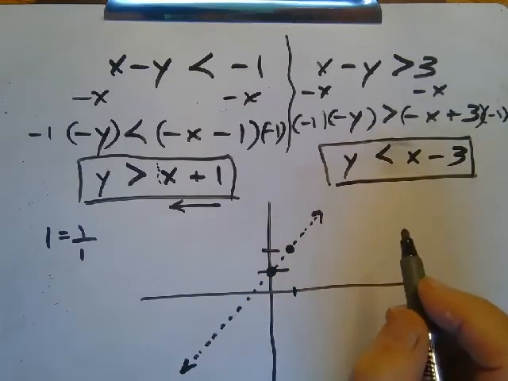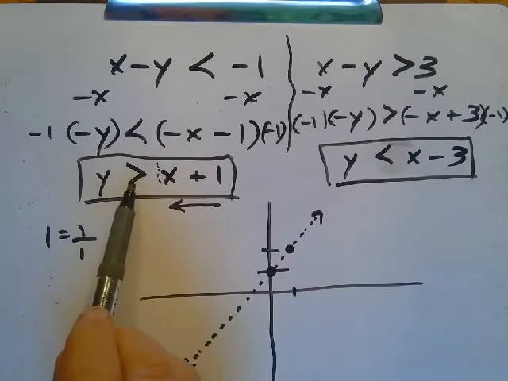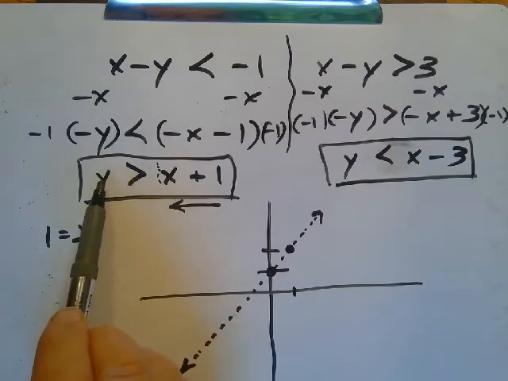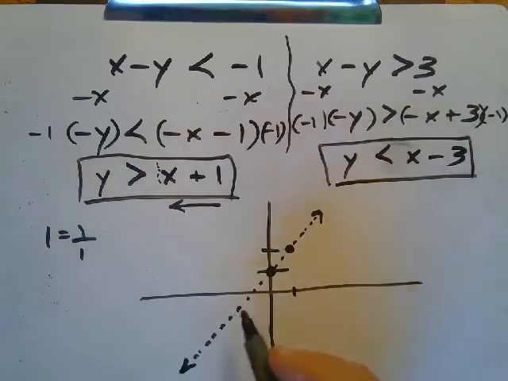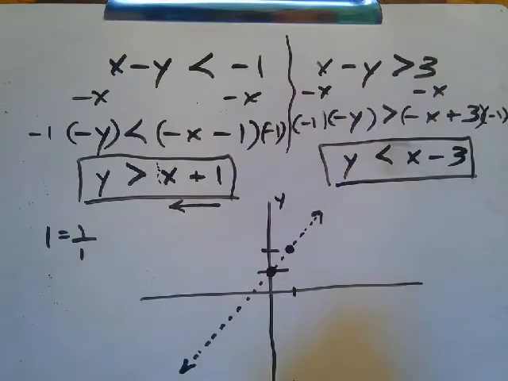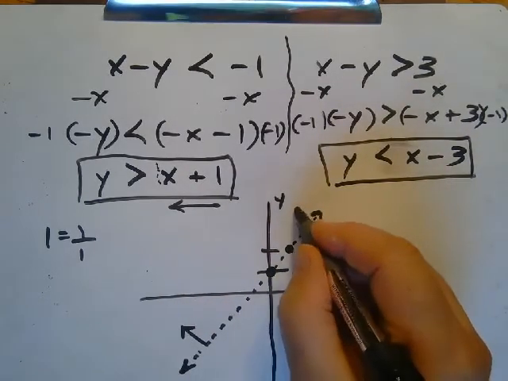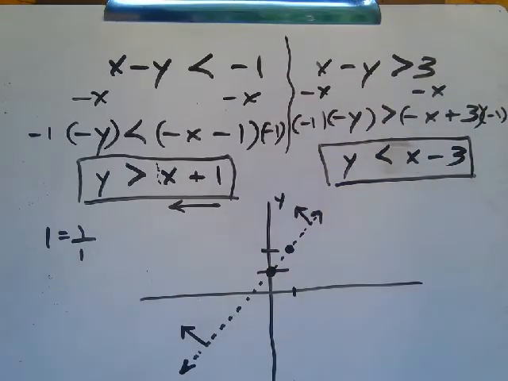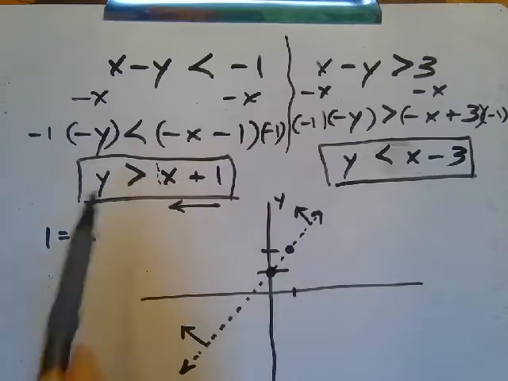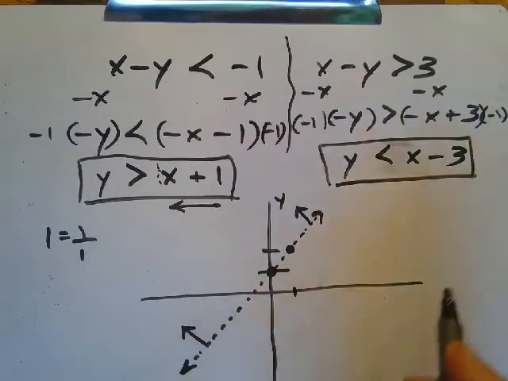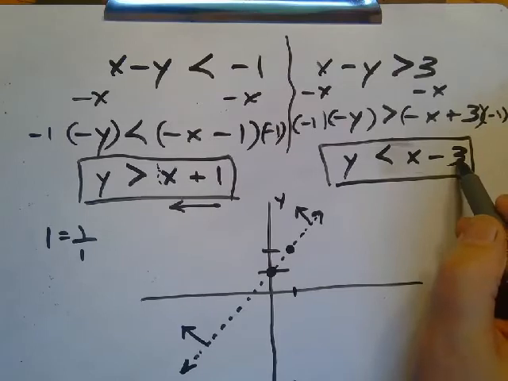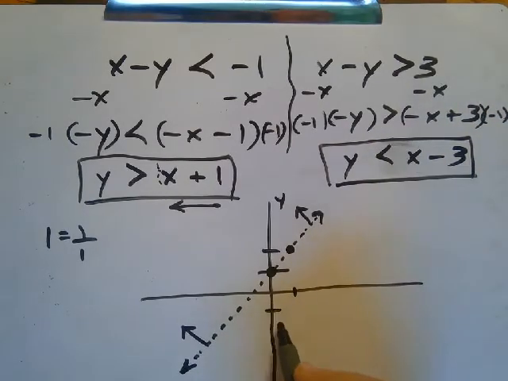Okay. And then I determine whether I shade above or below. This is greater than. So where are all the y values greater than the line? Where all the y values are bigger than the line are above it right here. So I'm going to just indicate that with a couple of arrows. It's above because it's greater than here. Okay. All right, let's do the other one. Y-intercept at negative 3.